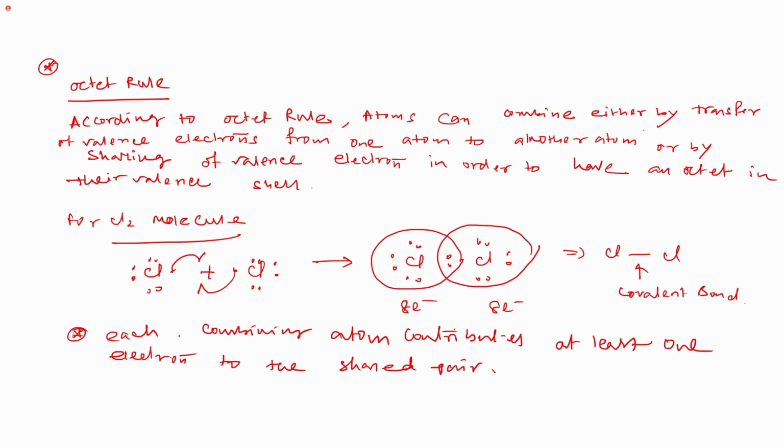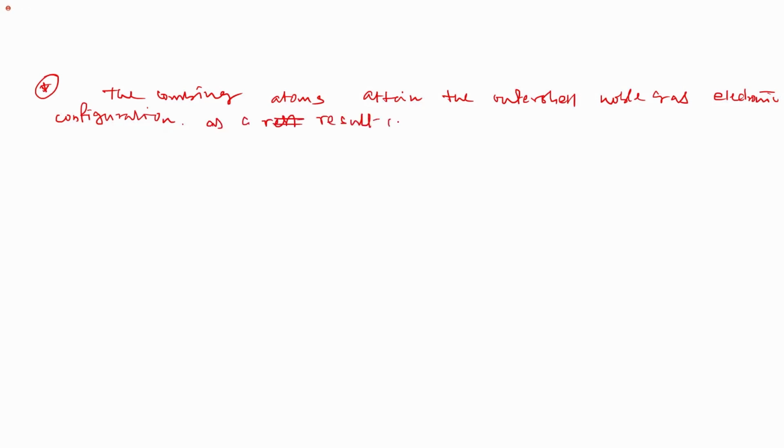So here, if you see, they are giving at least 1 electron. So here also the two Cl atoms are actually sharing, giving 1 electron and 1 electron to make a covalent bond. Another point, the combining atoms attain the outer shell noble gas electronic configuration as a result of sharing of electrons.